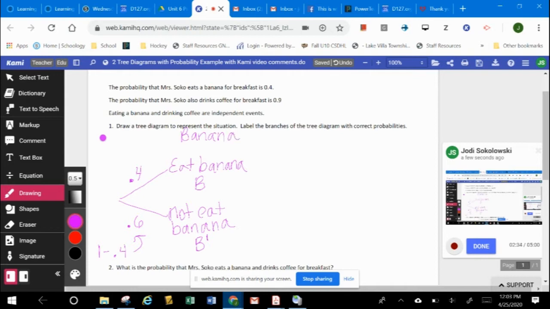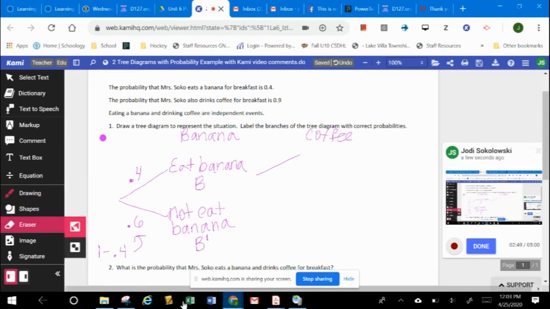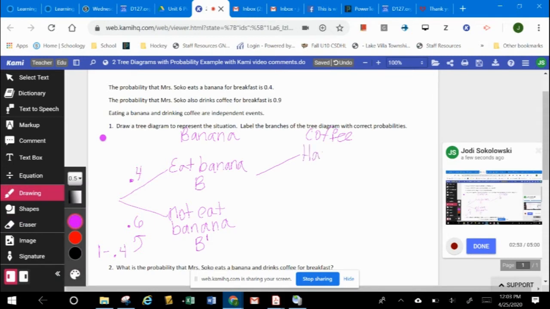Event number 2 is going to be the coffee. So what I'm going to do off of each of these branches is talk about the fact that I'm either going to have coffee or I'm not going to have coffee.